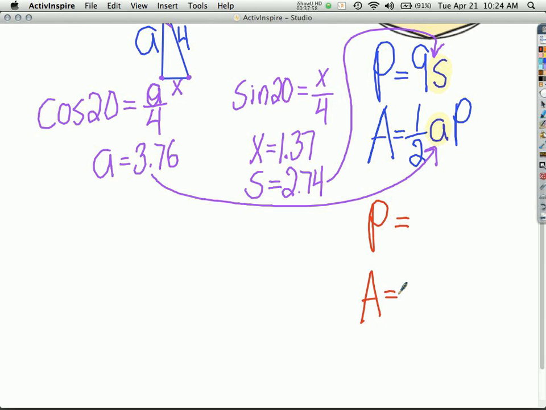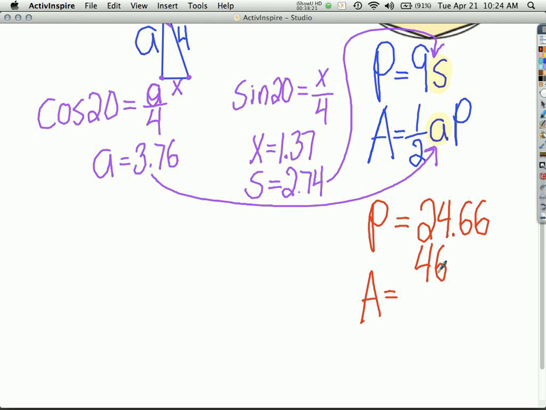Stephanie R., what'd you get for the perimeter? 24.66. Matthew, do you agree? No, I got 46. Okay, so we have a disagreement. So we've got 24.66 or 46. Exactly 46? I was wrong.